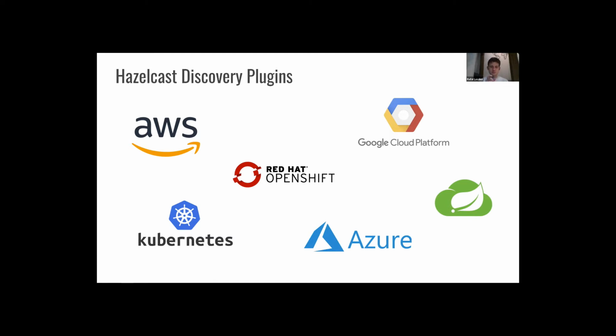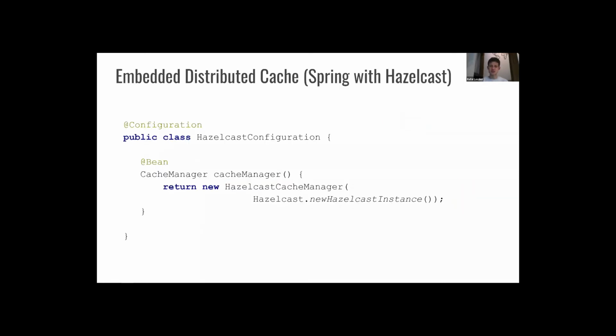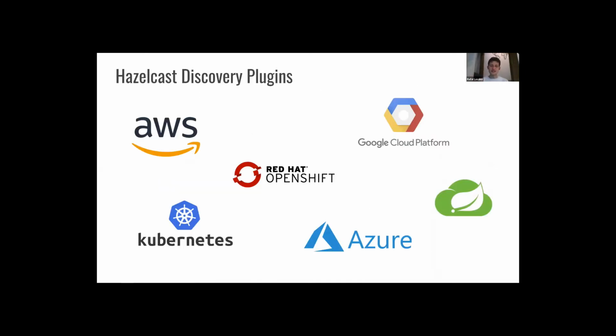Hazelcast itself also checks, maybe I'm running in Kubernetes, so I should use the Kubernetes plugin. So if you just start Hazelcast with the same configuration, it will ask, am I running on Kubernetes? Yes. So let's use the Kubernetes plugin to discover other members and form one cluster. And that's it. The same configuration will work on Kubernetes.